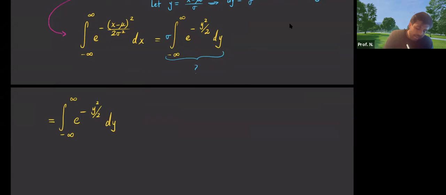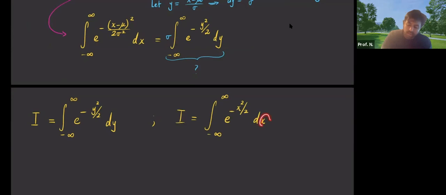I'm going to call this I. Remember in Cal 2, these were dummy variables. So I can rewrite this also as negative infinity to infinity of e to the negative x squared over 2 dx. I can replace y with any other variable; these are just called dummy variables within the integral.